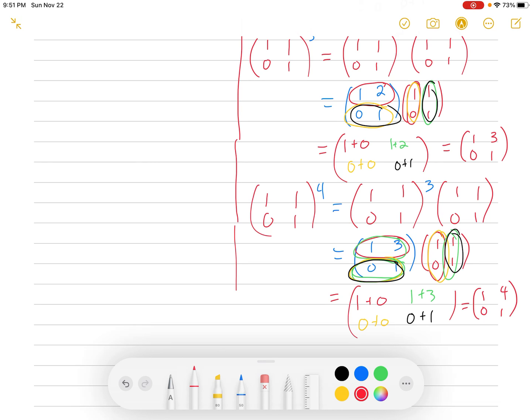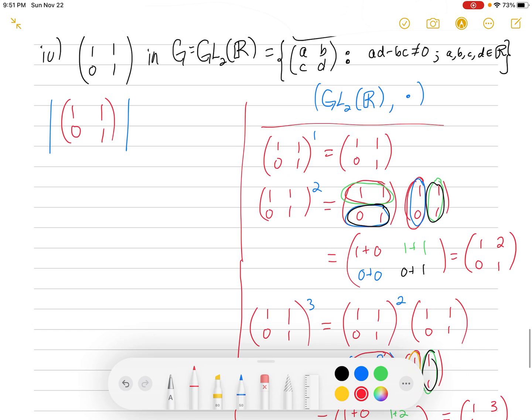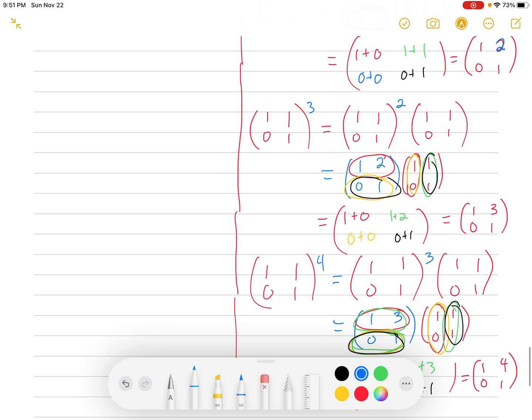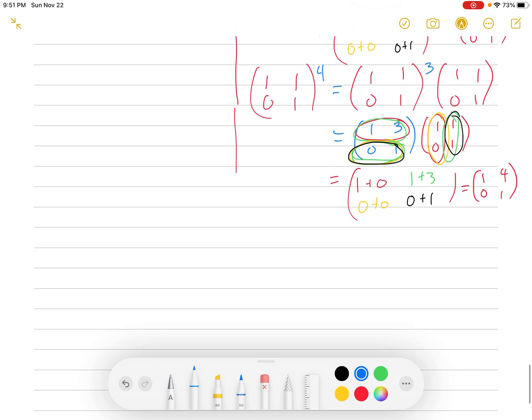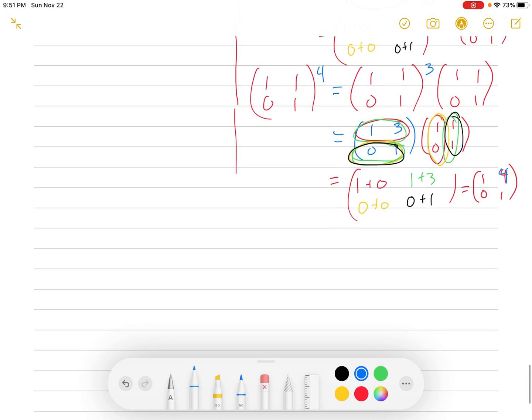So you should see a pattern. I don't know, can you see that pattern? Notice here you have a 1, here you have a 2, here you have a 3, here you have a 4. So if you continue this, I mean, you can prove this by induction. I'm not going to prove it by induction, but if you want to, you can.